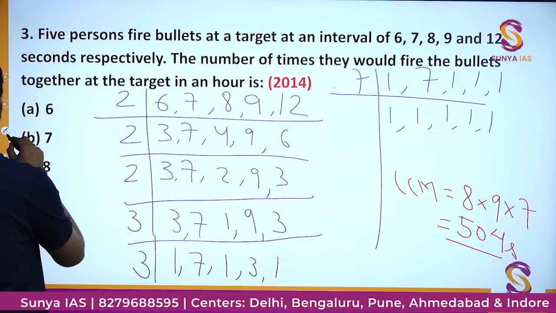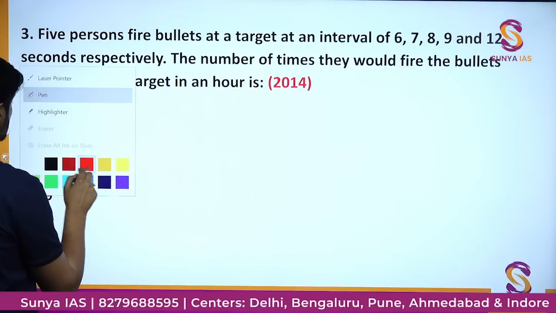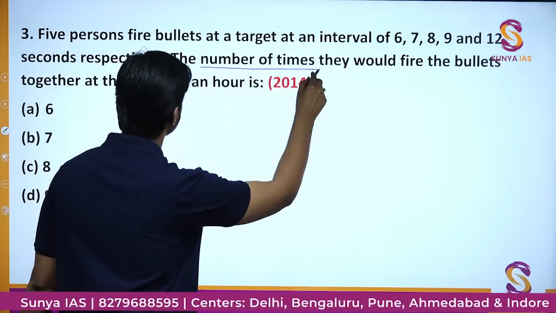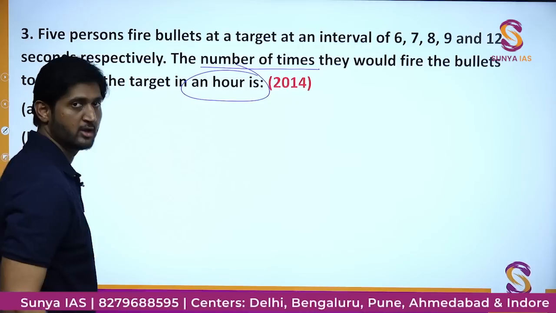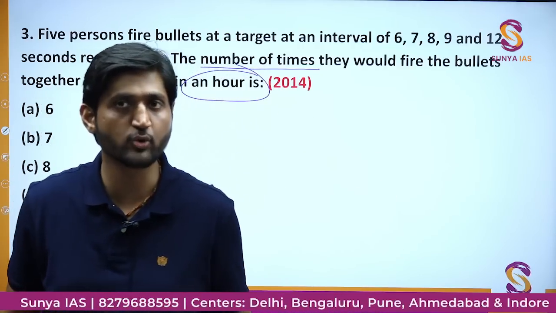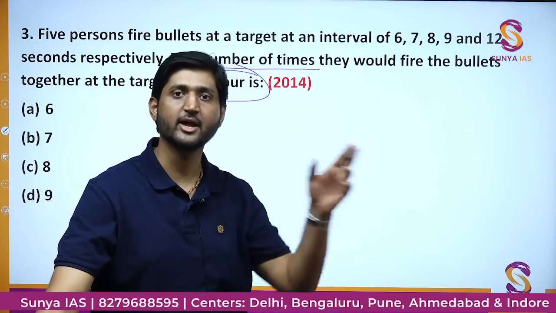Now we are actually interested in finding the number of times in which they fire the bullets together in 1 hour. So after every 504 seconds, they are firing bullets together. Now it is being asked how many times in an hour they are doing the same thing.